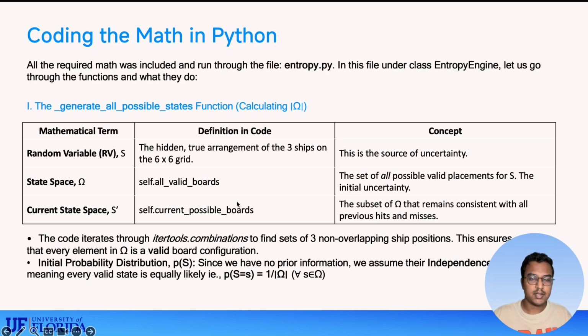The current state space, S prime, is self.currentPossibleBoards. As we play and get hits or misses, we remove impossible boards from this list. To generate this list, I use the Python itertools.combinations function. This acts like a filter, ensuring we only keep the board states where the ships do not overlap. This forms our basic initial probability distribution.